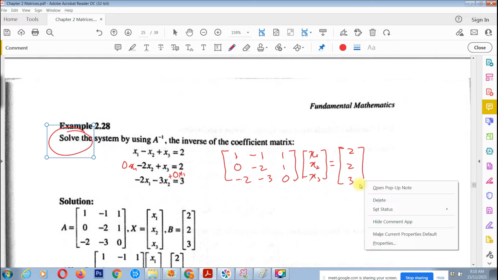Please do not miss this step, because if you miss it, you will lose marks for the test 1. So make sure you perform this first.